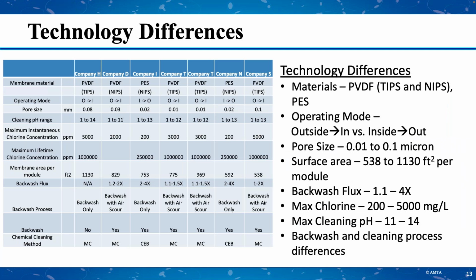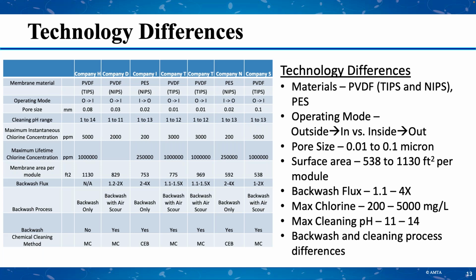In addition to that, when we take a look at the characteristics and the operating limitations of these different types of technologies, you find even more differences. All right. So I've listed 7 different modules there. This is not all of them, right?